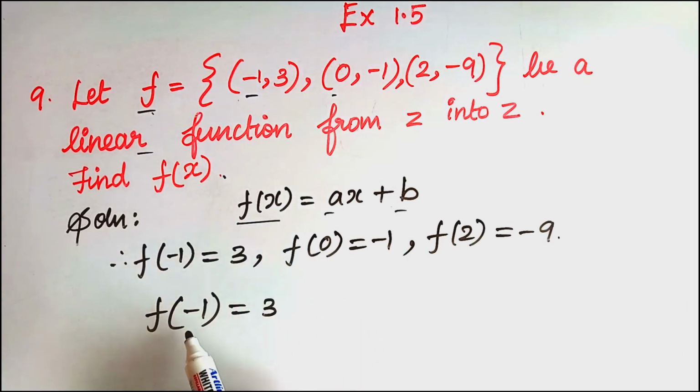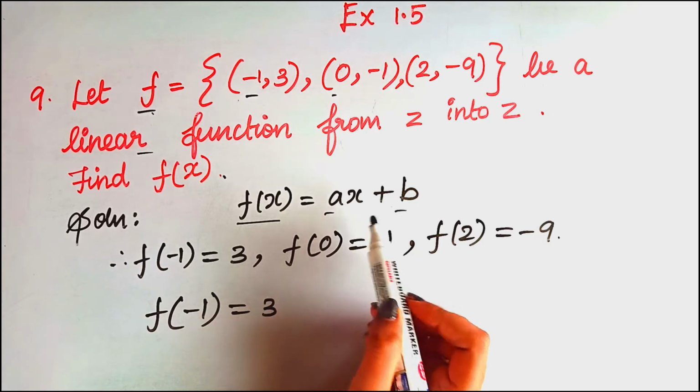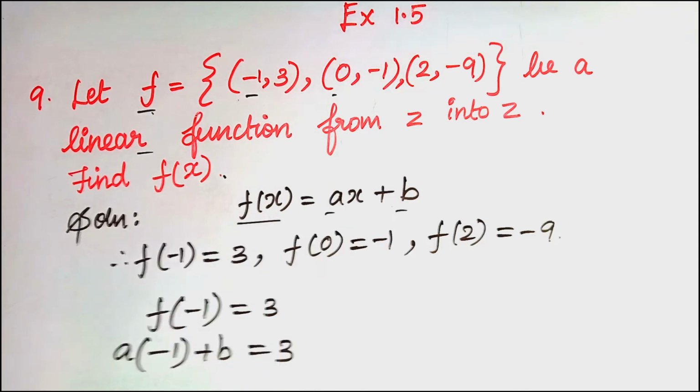In the place of x we have -1, so in this equation, in the place of x you have to substitute -1. So a(-1) + b = 3. Okay, so this is how you find it.